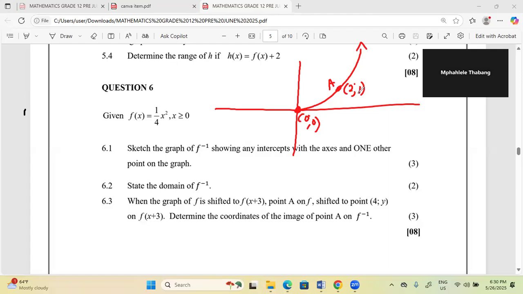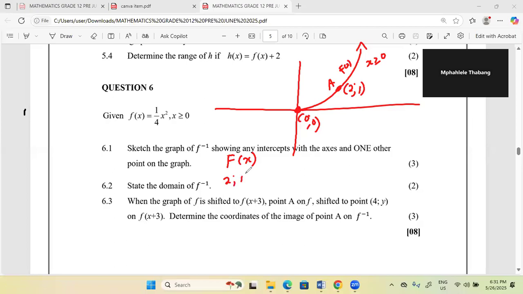Now, to sketch the graph of the inverse, remember this is the graph of f of x, whereby all values of x are greater than or equal to 0. So to sketch the graph of the inverse, I'm now answering 6.1, where they say sketch the graph of the inverse, showing any intercept with the axis and any other point on the graph. It's going to be easy to sketch the inverse, guys. If I look at f of x, I have a point 2 and 1.